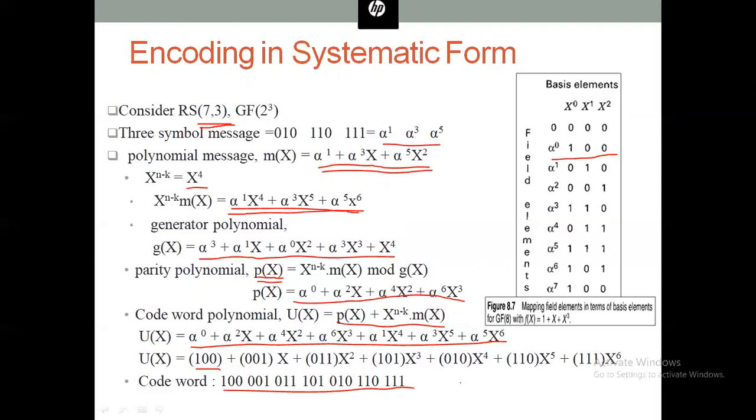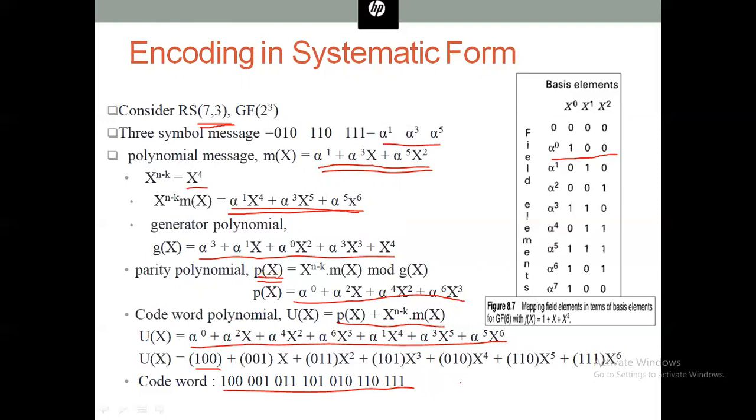So first thing we learned is that the 7,3 RS code has n minus k value equal to 4. So it is able to correct only 2 errors and to find the location of 2 errors.